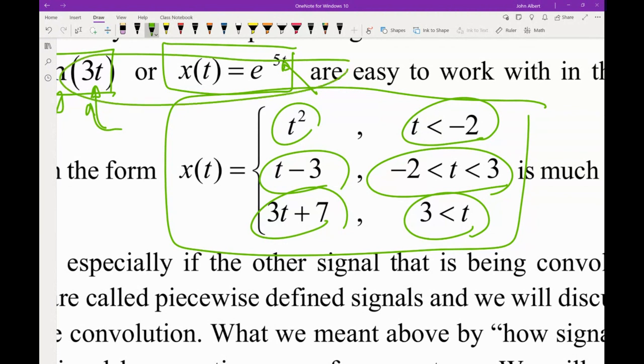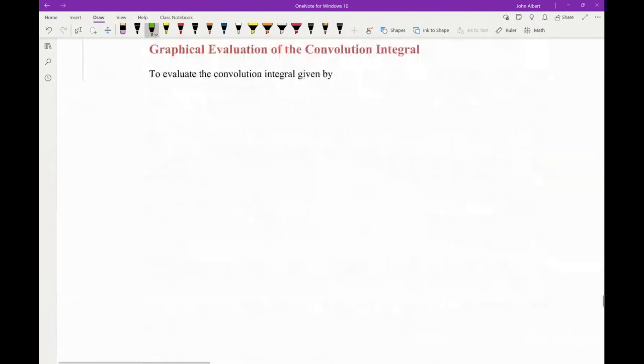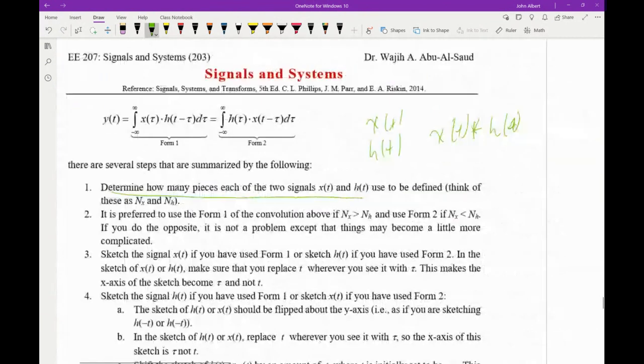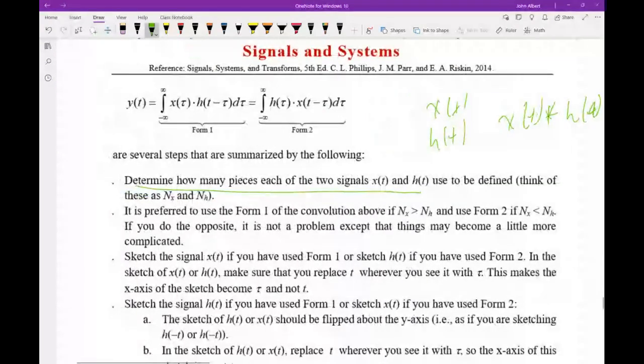Those first functions are defined in one piece, while this function, for example, the lower one, is defined in 3 pieces, 3 parts. Okay? What I'm talking about in step number 1 there is to determine how many pieces a function is defined in. I'm sorry, I'm not sure if this is the correct spelling for piece or not.